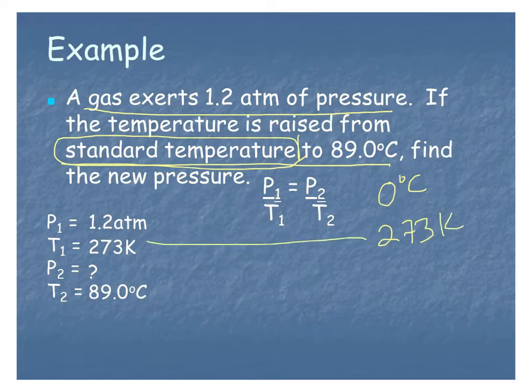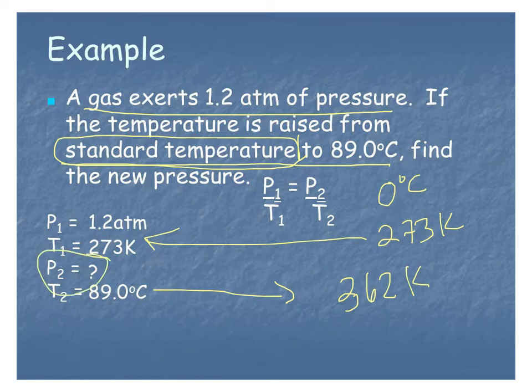And which that is over here. And then for everything else, we need to convert to Kelvin. So 273 plus 89 is going to equal 362, I believe, 362 K. So we can put that into the equation, and our unknown is P2. We could solve for P2 using this equation here.